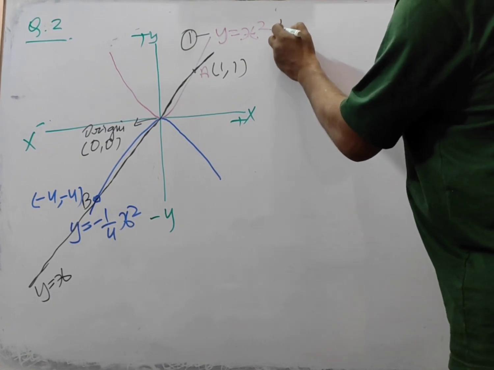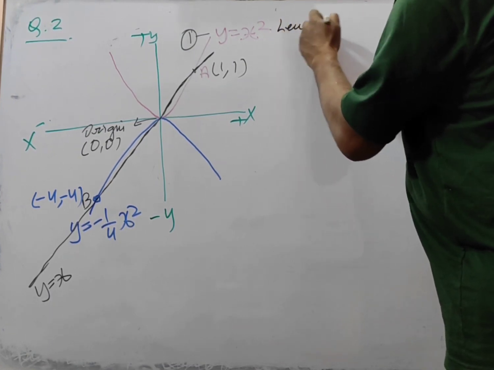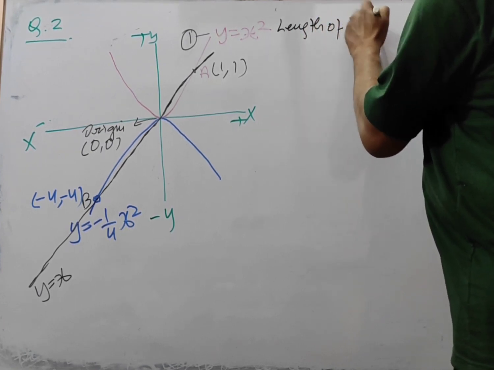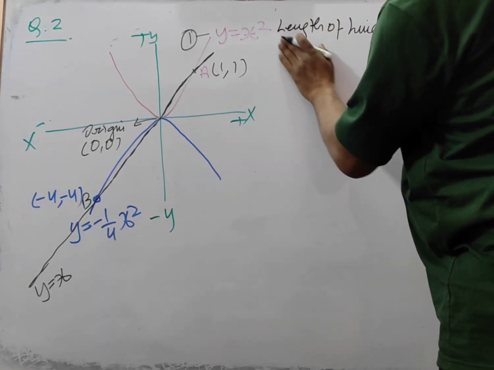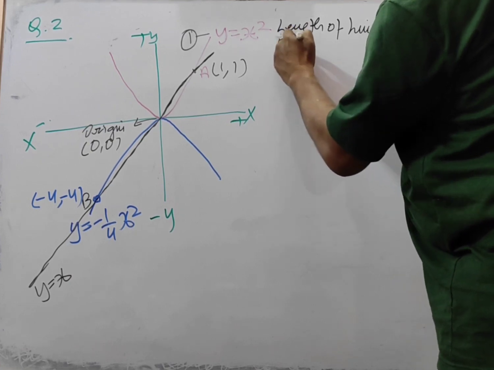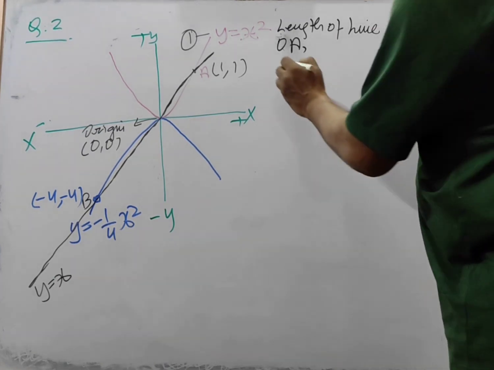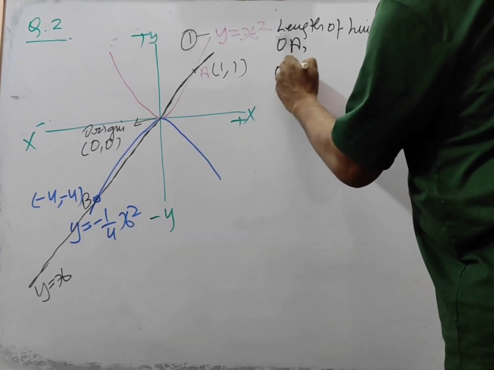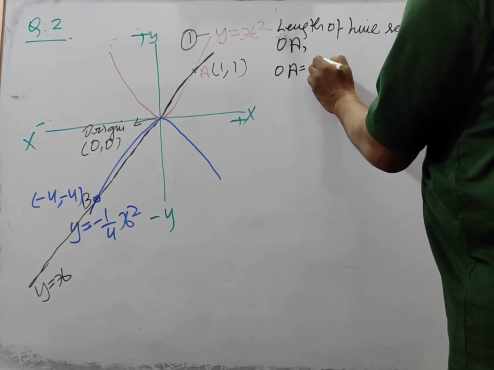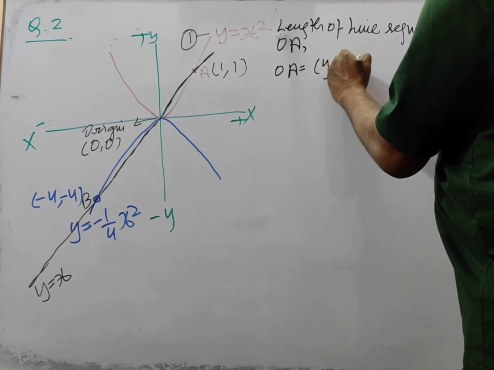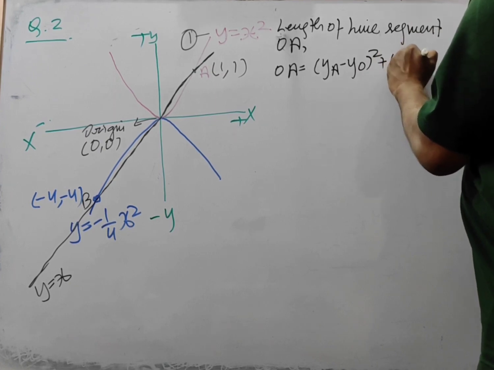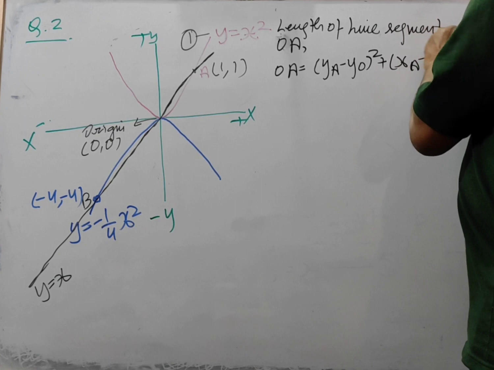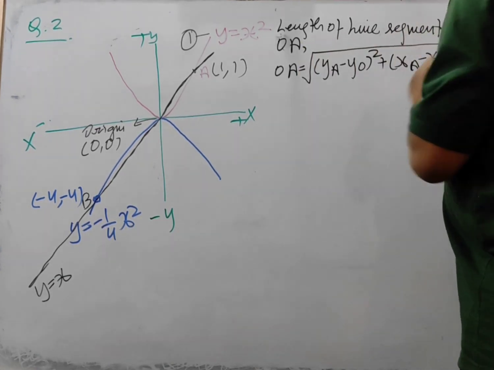Now the length of line segment OA. So OA is equal to square root of YA minus YO whole square plus XA minus XO whole square, right?